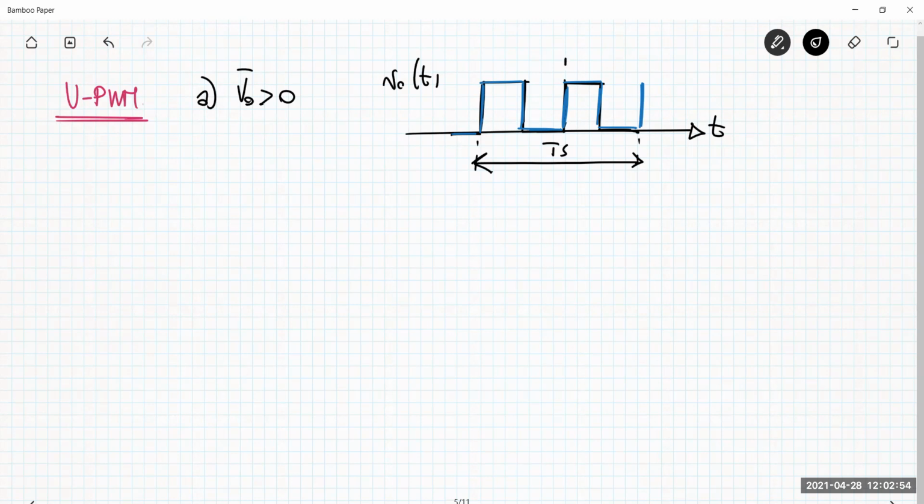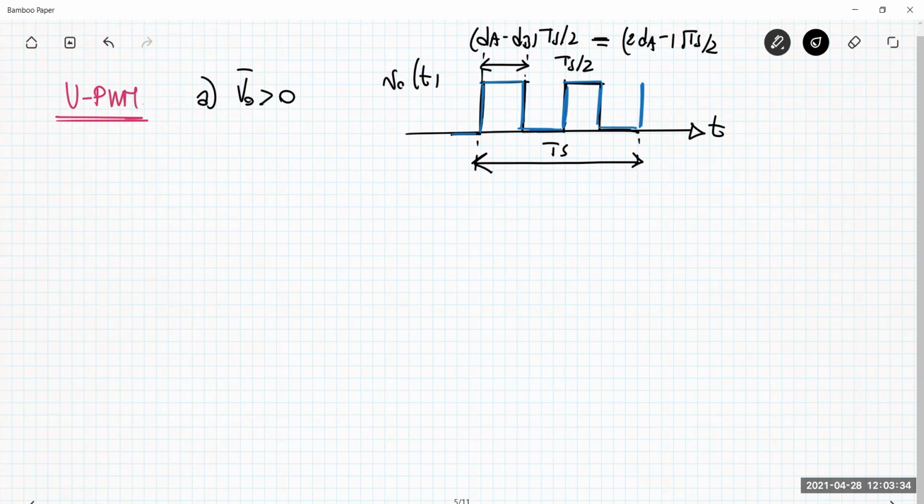So this is Ts over 2. Now the width of this pulse, by the construction we had previously, is da minus db multiplied by Ts over 2. Since db is 1 minus da by definition, this is 2 da minus 1 Ts over 2. This is the width of each pulse you have here.